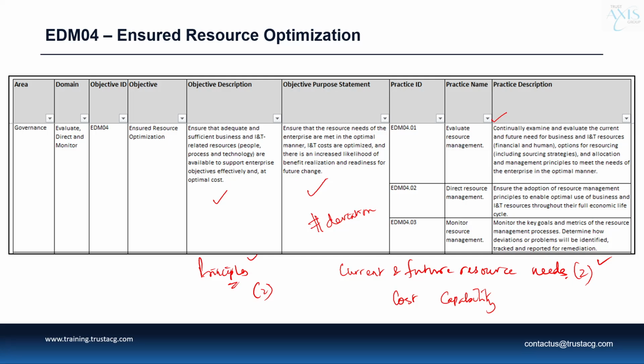Okay. The third thing that you should do as part of your evaluation process is review and approve the resource and architecture plans. Basically, the enterprise must have a strategy for ensuring the approval of resource and architecture plans.